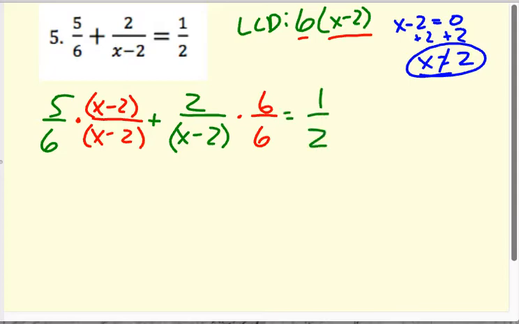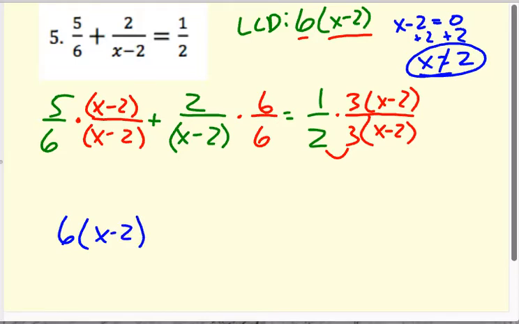Okay. Now, to get 6, first of all, I'm going to have to multiply the denominator by 3. Okay? 3 times 2 is 6 here, and that's good. And then we need the x minus 2 also. So let's do some multiplying. My denominator is 6 times x minus 2 for this first fraction right here.